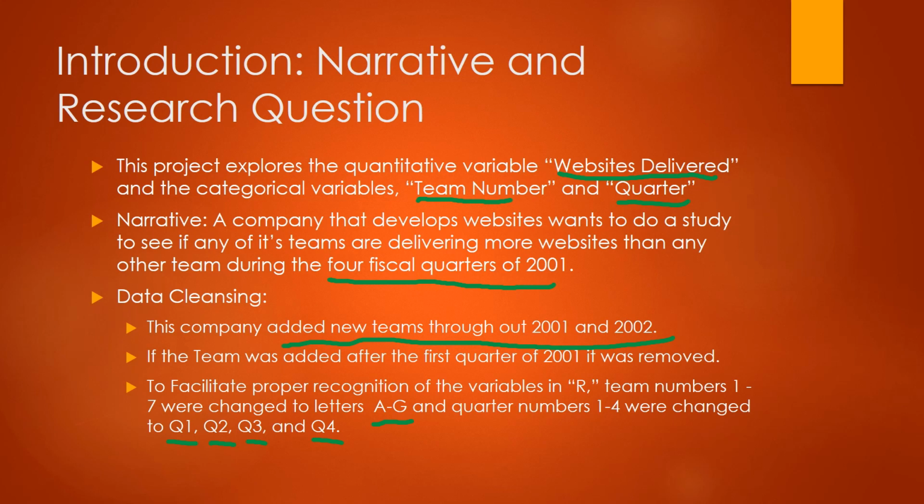The reason I did this is because as I watched some of the videos, there were often problems with numerical values in categorical variables and having to go through and change things to factor. So I figured if I changed it so that it would be a factor, the quantitative variable websites being numerical and the categorical variables team number and quarter would be easily read by R.